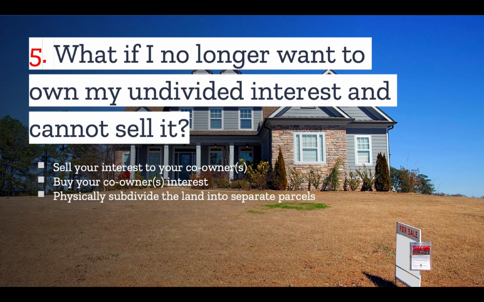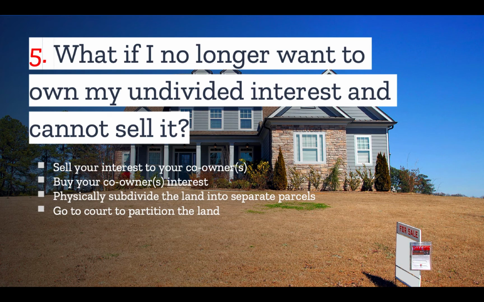Another option, especially if you're dealing with a large parcel of vacant land, is to physically subdivide the land into separate parcels so that each co-owner ends up with 100% interest in one of the smaller parcels. But of course, if you are going to try and separate out the land, more often than not, it may become difficult for you and your other co-owners to agree on which specific area each co-owner is to receive once the property is subdivided.